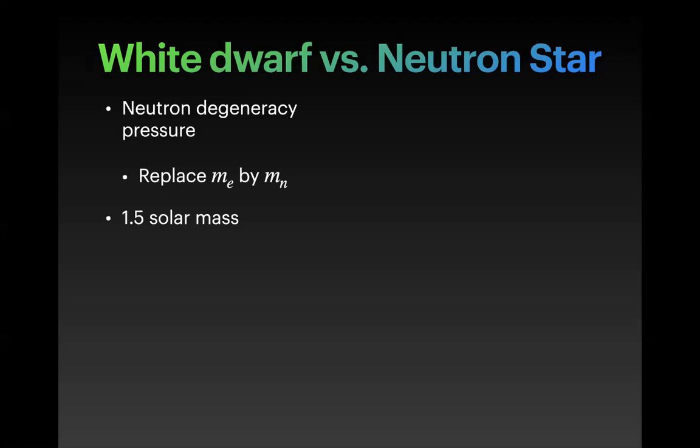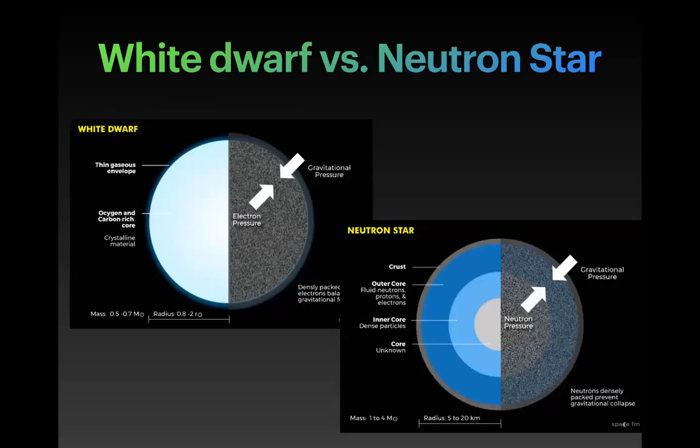And so when you do that, you find, say for 1.5 solar masses, you get a radius of 11 kilometers for neutron stars, right? So we went from 5,200 kilometers to 11 kilometers between a white dwarf and a neutron star. It's really the same calculation, just with a different mass.